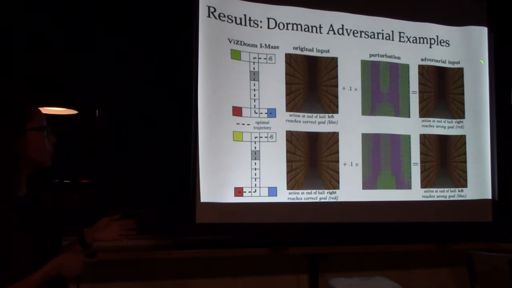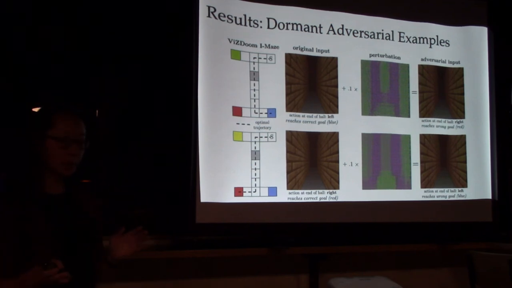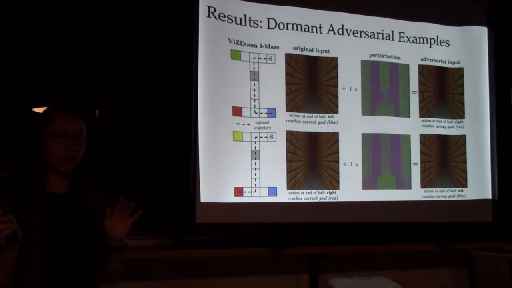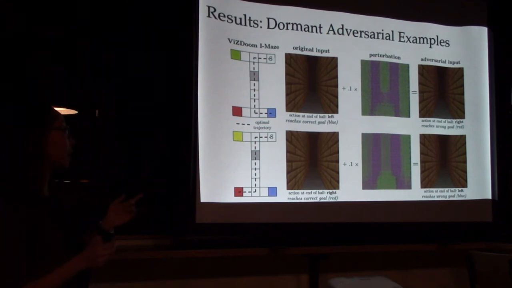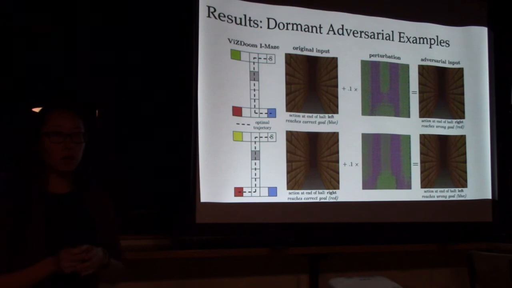You can see a little bit of a difference between this and this. But this is a pretty small perturbation, and you can essentially replace the memory of the policy, trick the policy into thinking that it had seen the yellow indicator instead of the green indicator, and get it to actually go to the wrong goal.